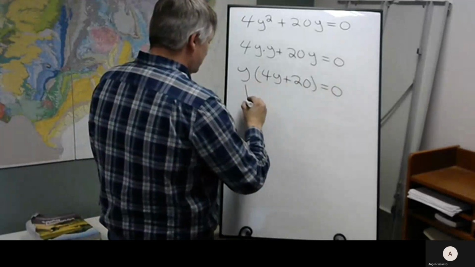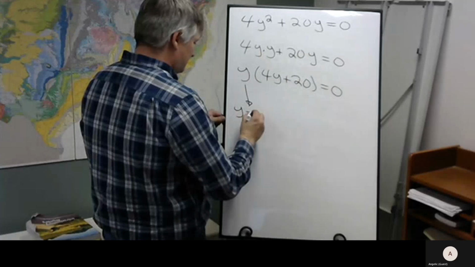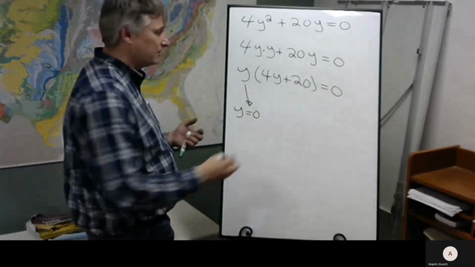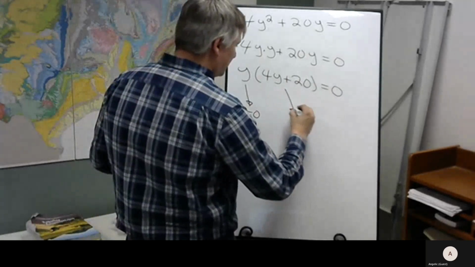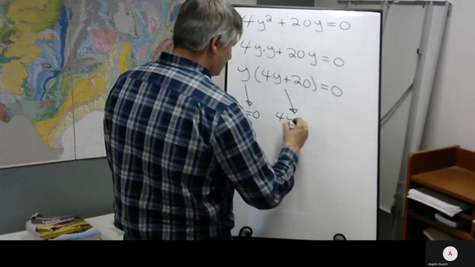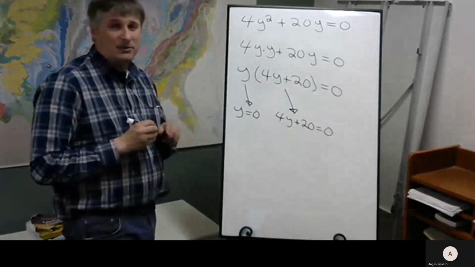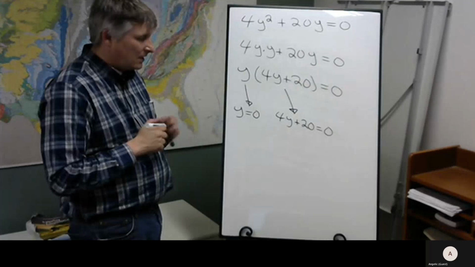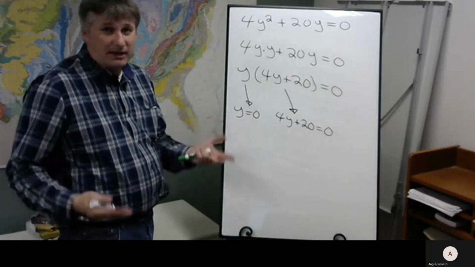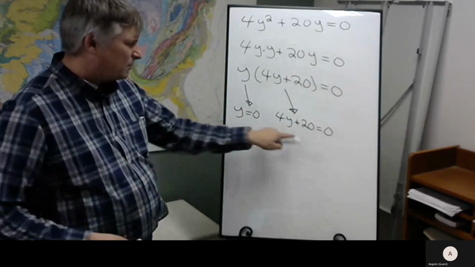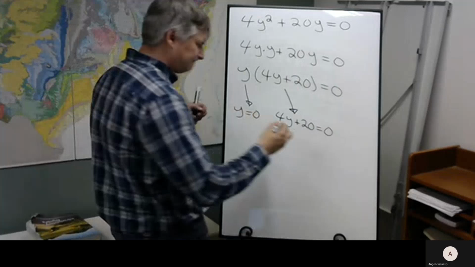So you get 2 equations. That could be 0, or this whole thing that could be 0. Well, this one's already solved. That's pretty nice. But this one, we got to do some more work.